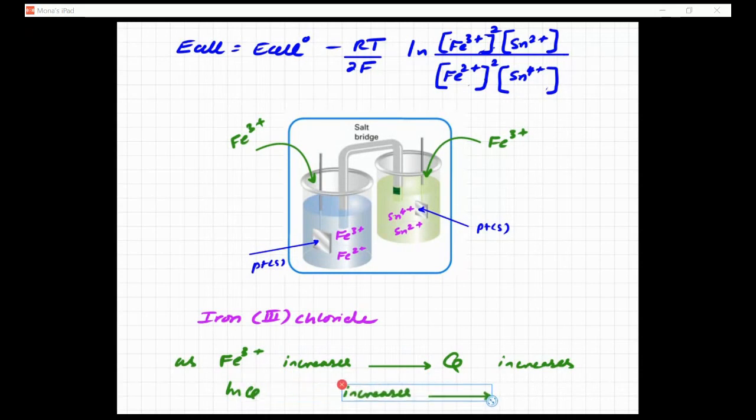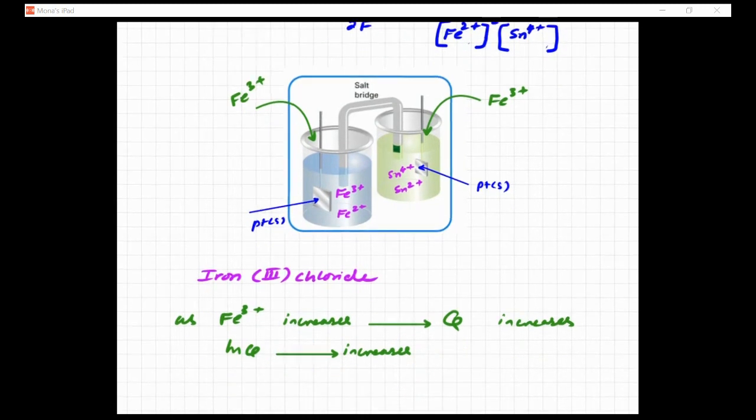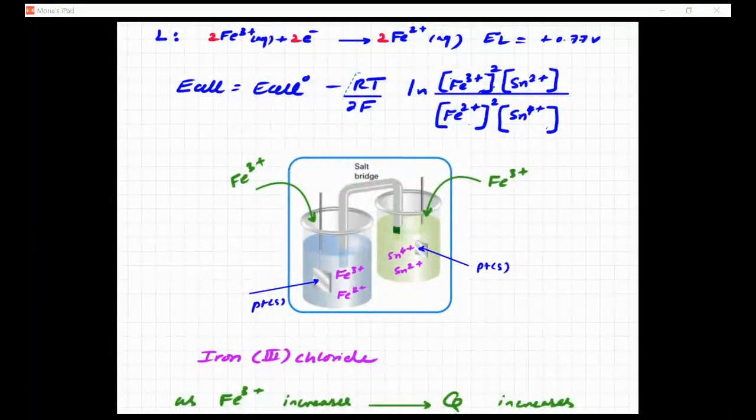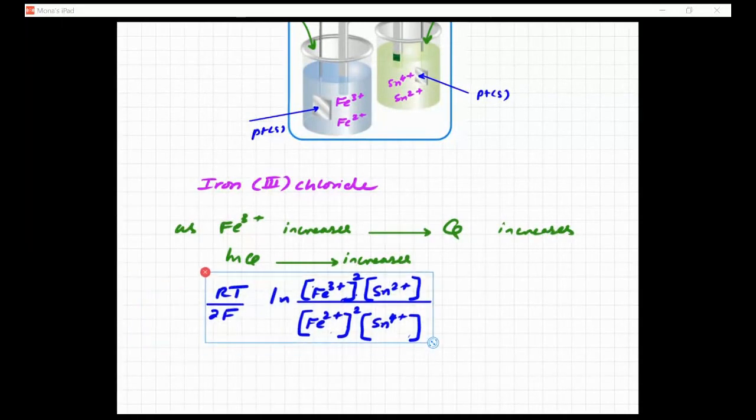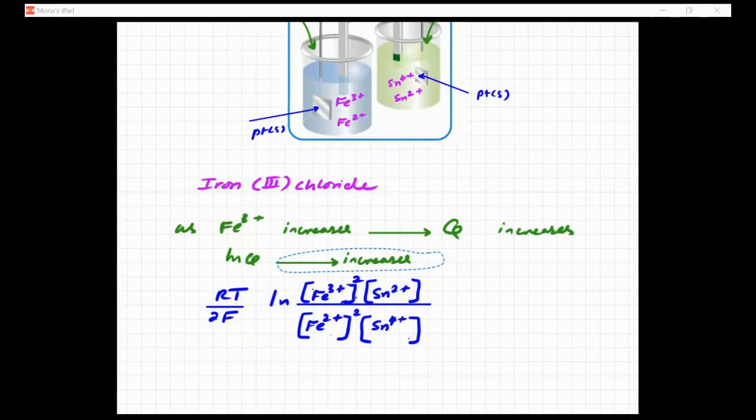So what happens if Q increases? It means all this side also increases.